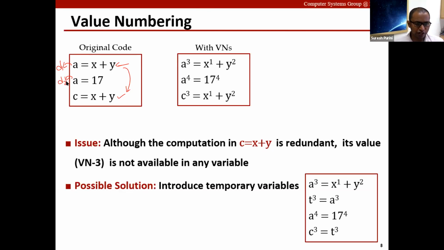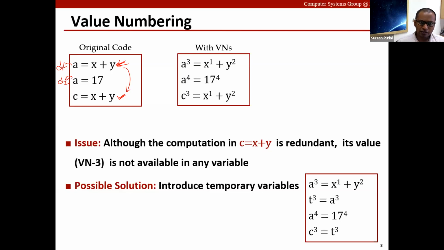The value being computed in this tuple is a redundant computation because that value is already available as a result of computing this tuple. But unfortunately, we cannot say C is equal to A. It doesn't work because the variable A is redefined in the intervening path.